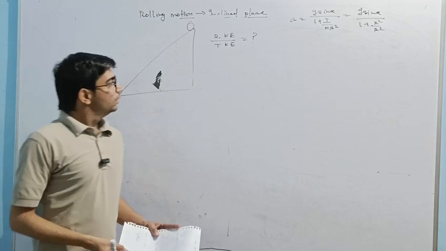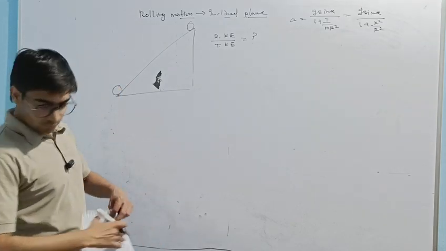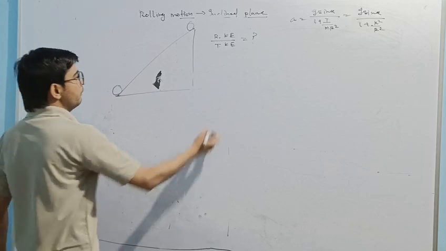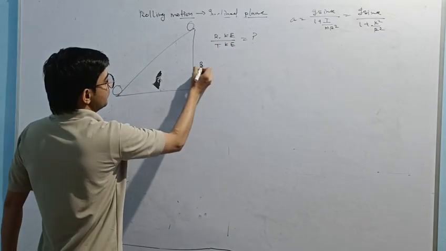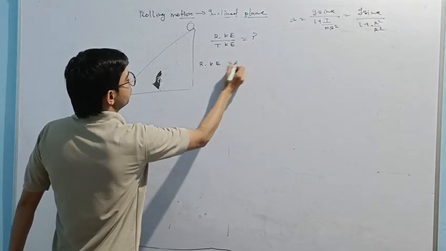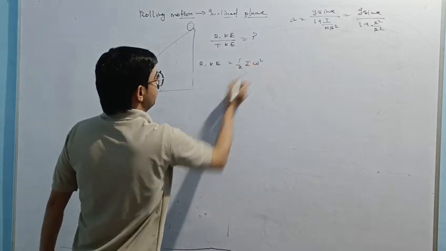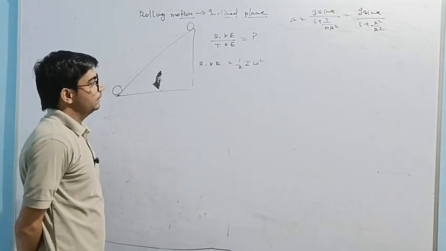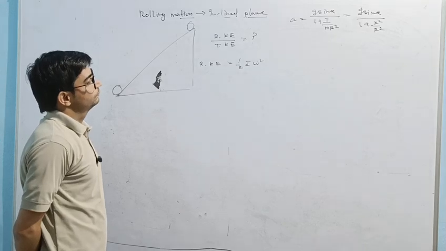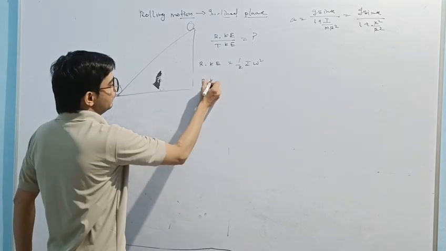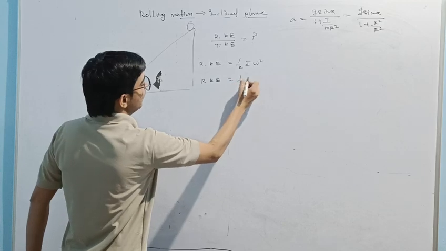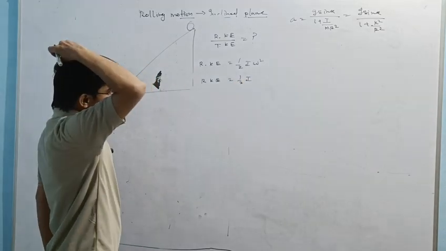All right, so first of all, we will find the rotational kinetic energy. Rotational kinetic energy is actually 1 by 2 I omega square. It's clear? So rotational kinetic energy is equal to 1 by 2 I as it is. What is omega square?